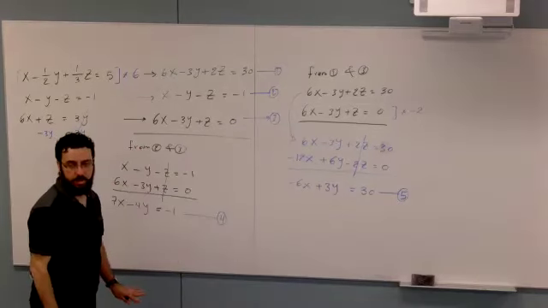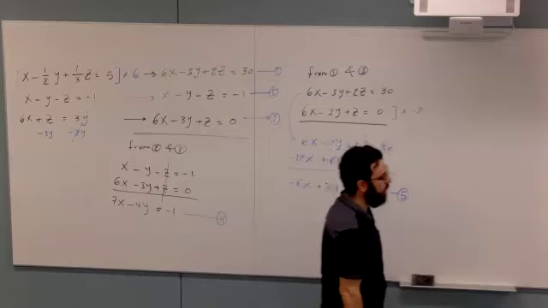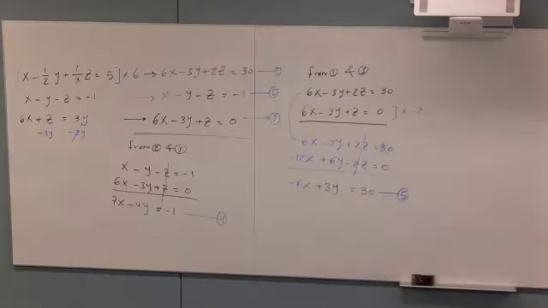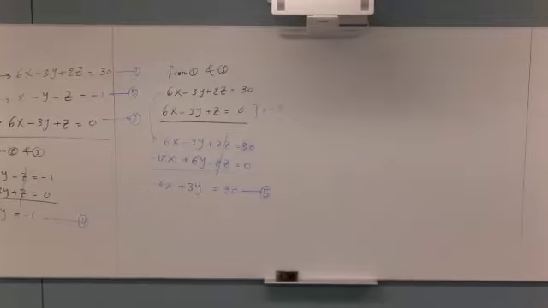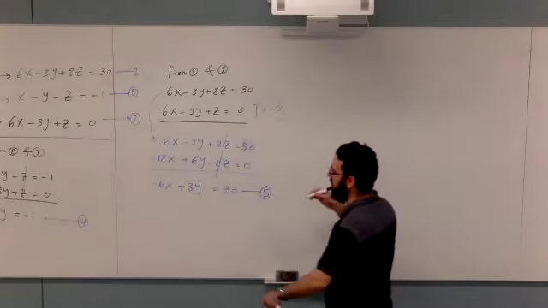Is that okay so far? Now what I have to do, next step, I'm going to write down number 4 and number 5 as a new system.